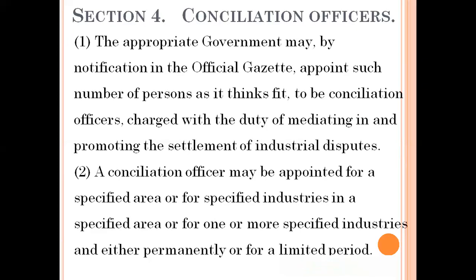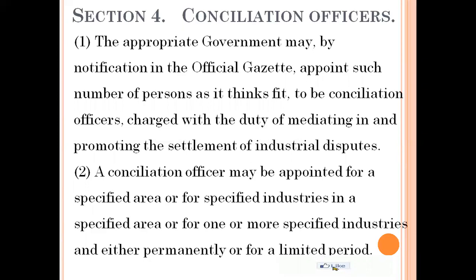So as per section 4 of the Industrial Disputes Act 1947, the appropriate government, by way of notification in the official gazette, appoints as many persons as it thinks fit as conciliation officers, charged with the duty of mediating and promoting settlement of industrial disputes.